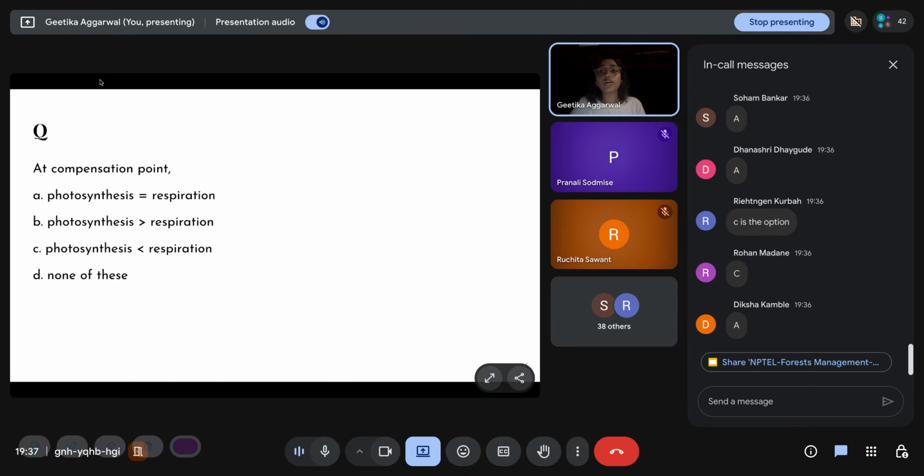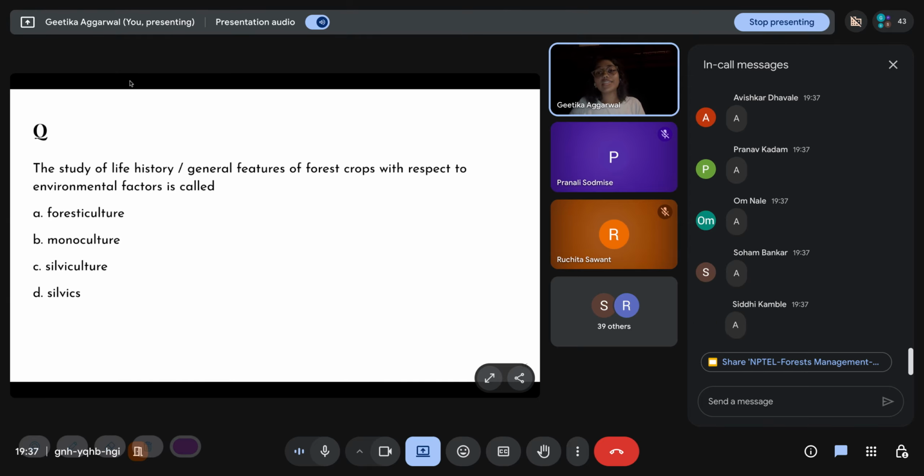Next question is: at the compensation point, which of this is true? Is photosynthesis equal to respiration, more than respiration, less than respiration, or none of the above? Correct. Very nice. So you all know that at the compensation point, photosynthesis becomes equal to respiration. Next is the study of life history or general features of forest crops with respect to the environment factors is called what?